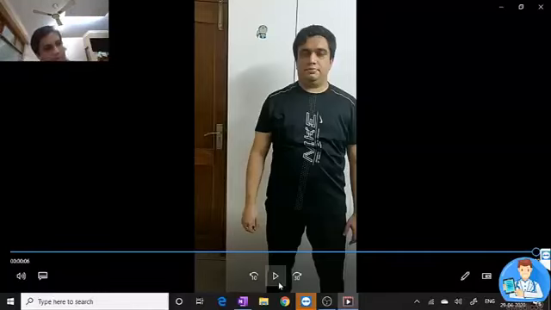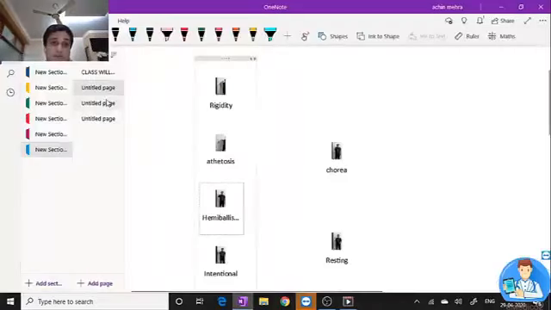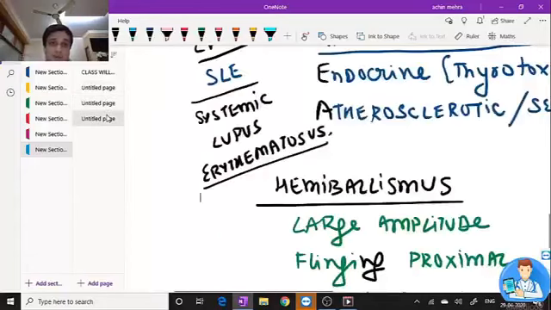Simple. Now the point here is, why is it known as hemiballismus? That's important. Because we find it only on one side of the body, not both sides. That's why the word hemi came with it.